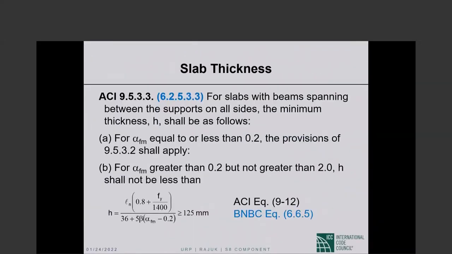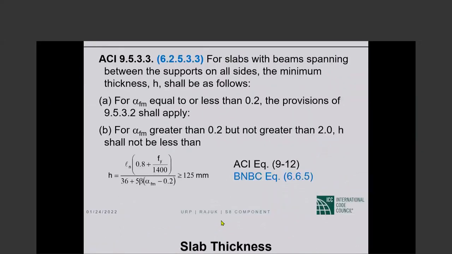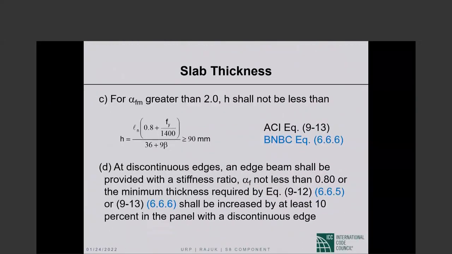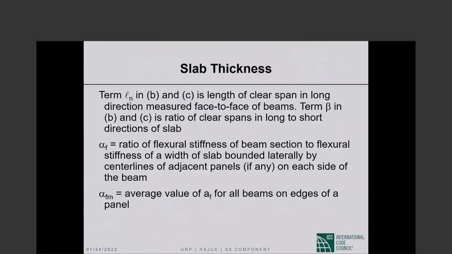This is a pretty serious requirement. Okay, so when we have this panel supported by beams of moderate stiffness at discontinuous edges, edge beam shall be provided. Discontinuous edges of the slab beam shall be provided with a stiffness ratio not less than 0.8, or minimum thickness required by that equation shall be increased 10%.